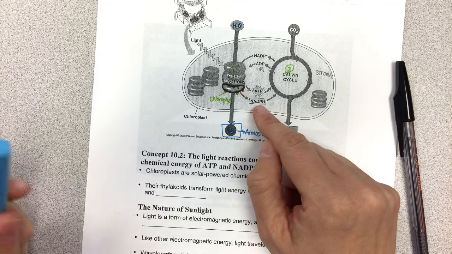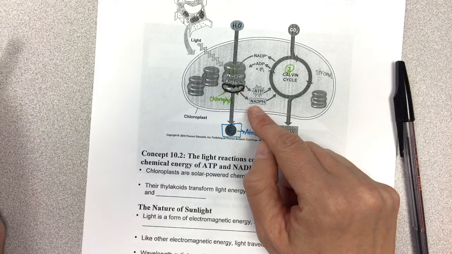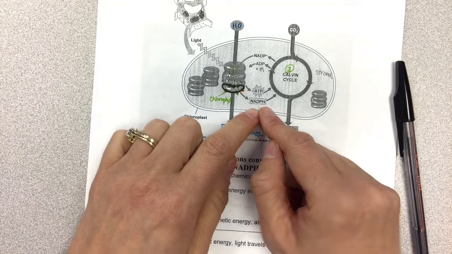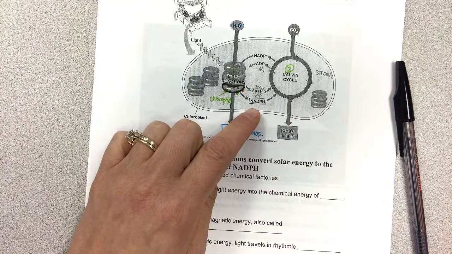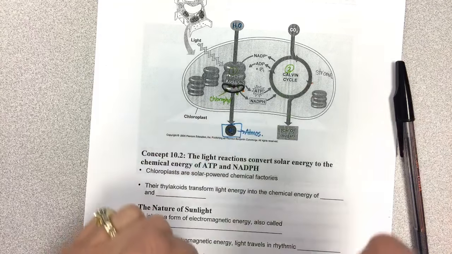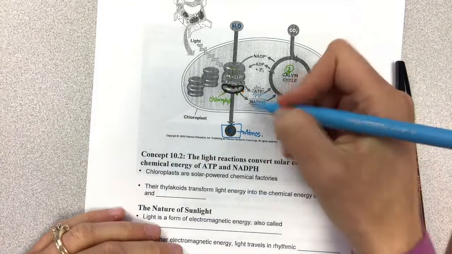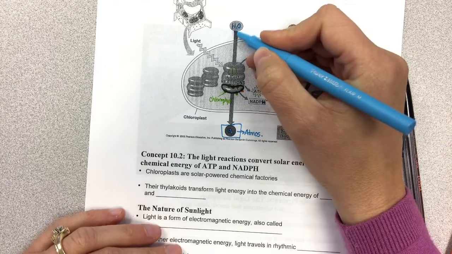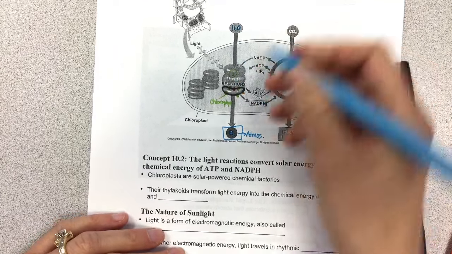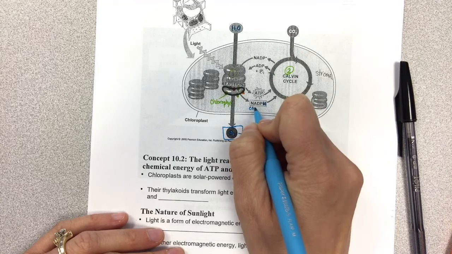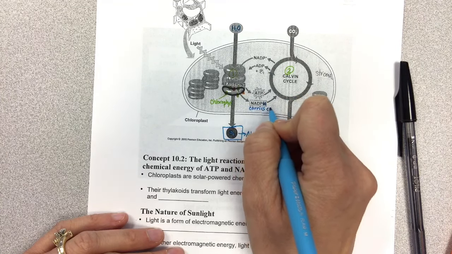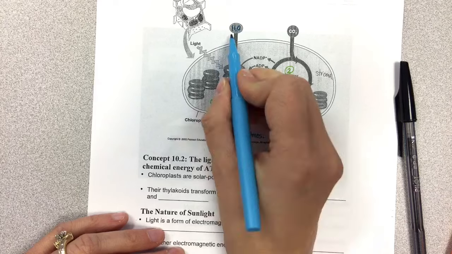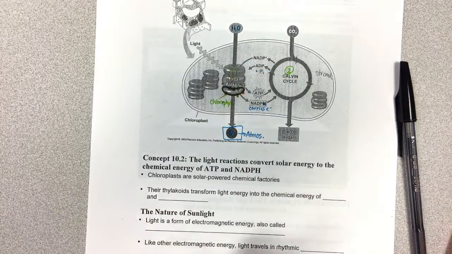And that is exactly what NADPH does in this particular case. So NADPH is carrying electrons, and I'm going to make this H blue from the H's from the water. So it's carrying electrons that used to be part of the hydrogen of water.